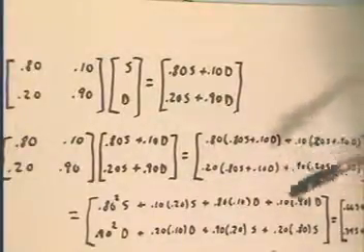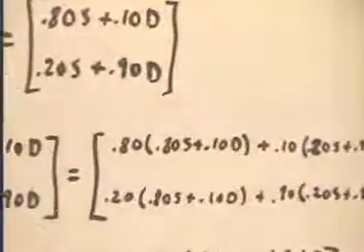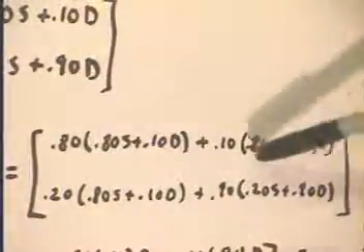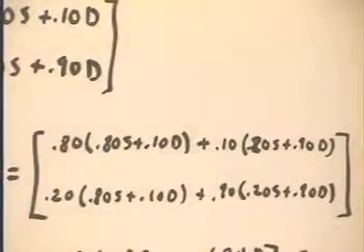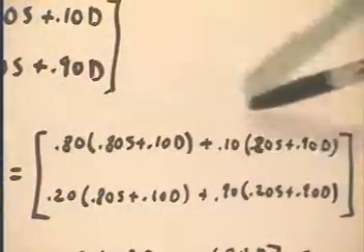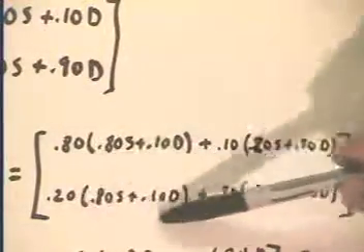And of course these are added. This is the result of applying the transition twice to the original populations S and D. Our sane population will be this number. Our demented population will be this number.